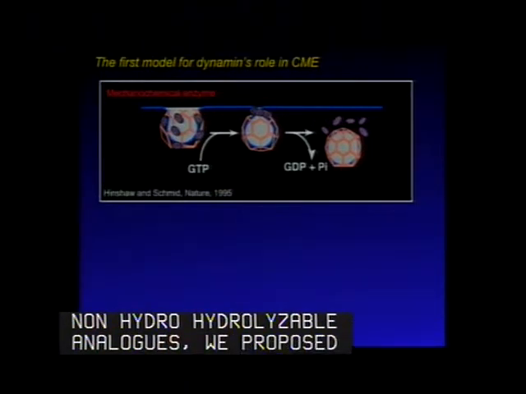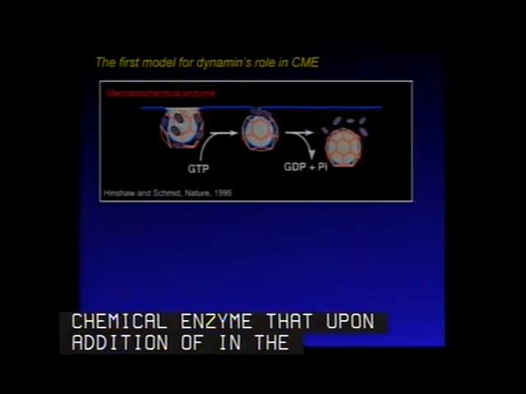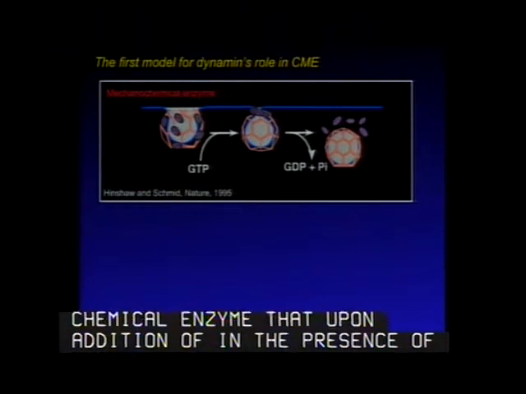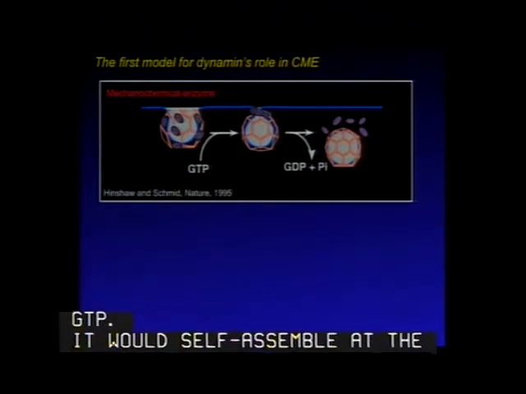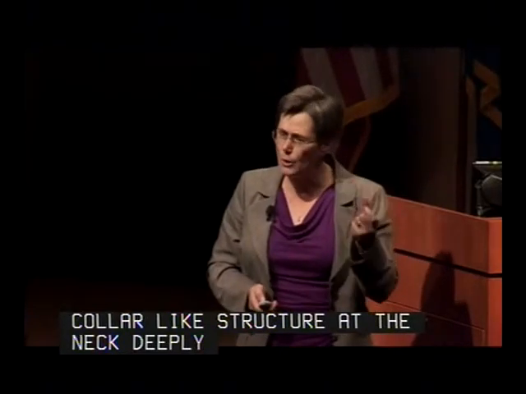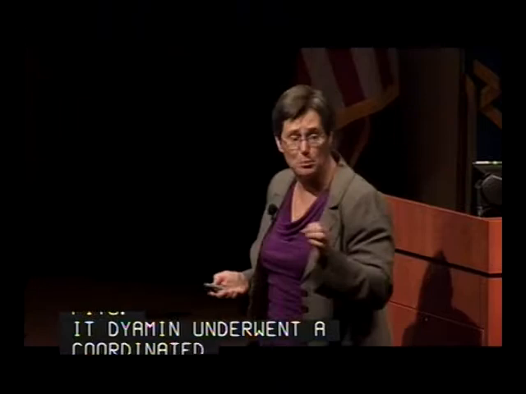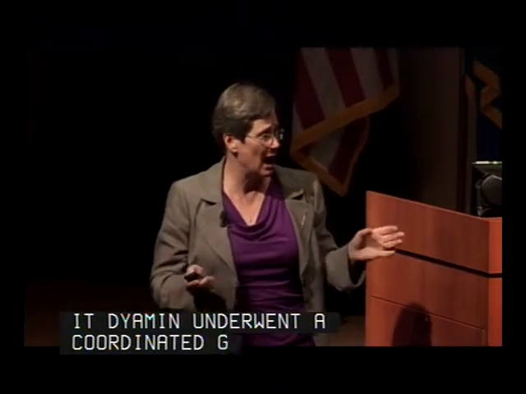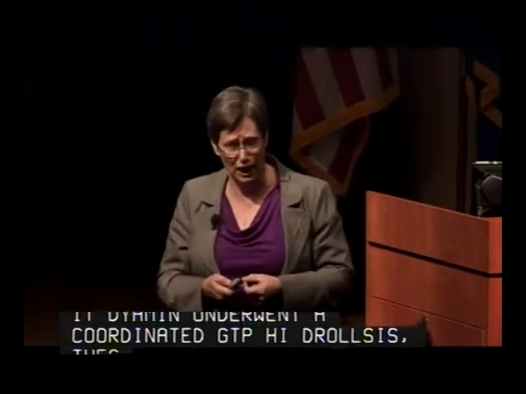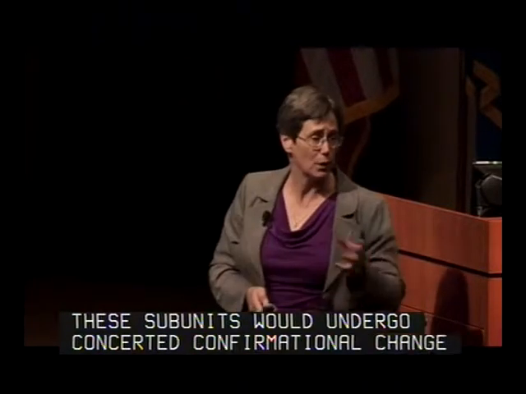Upon addition of GTP, dynamin would self-assemble into this collar-like structure at the neck of deeply invaginated coated pits. And if dynamin underwent a coordinated GTP hydrolysis, these assembled subunits would undergo concerted conformational change that together could generate the force necessary for scission.